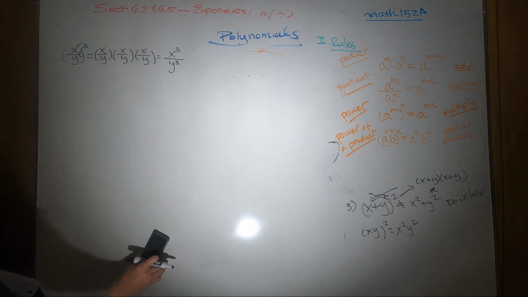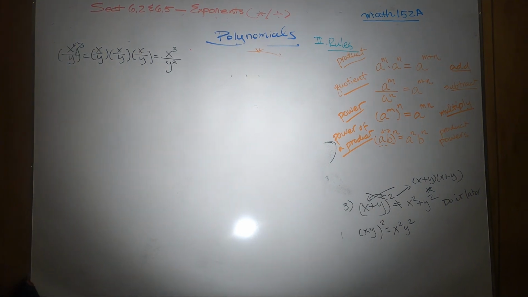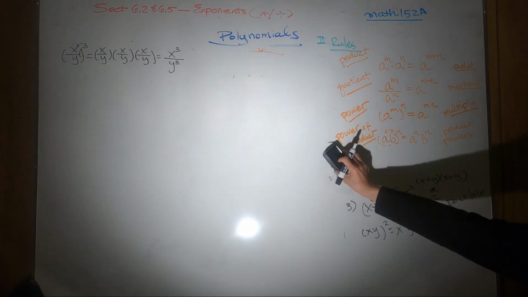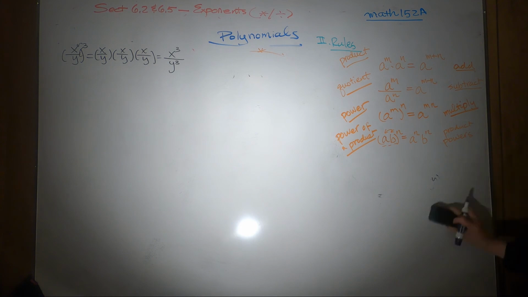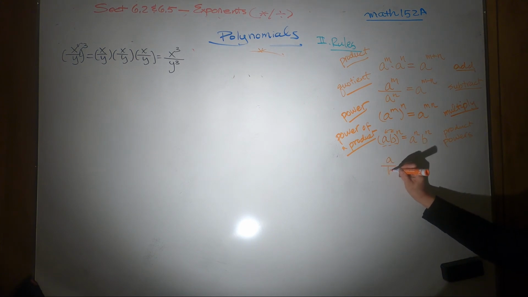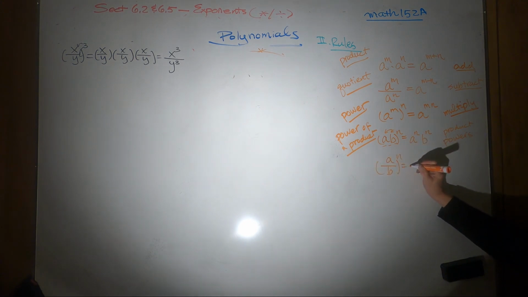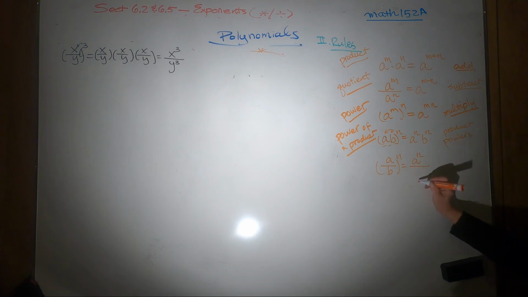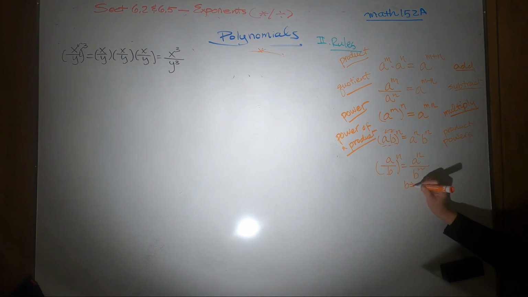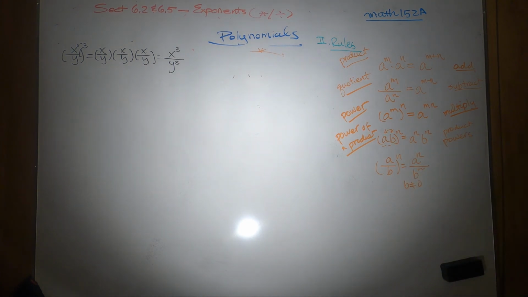Distribute your 3 into each of them inside the parentheses to your base. Okay, so when we have this situation, (a over b) to the nth power, we should have what? A to the nth, b to the nth, right? Of course, the denominator cannot be 0.